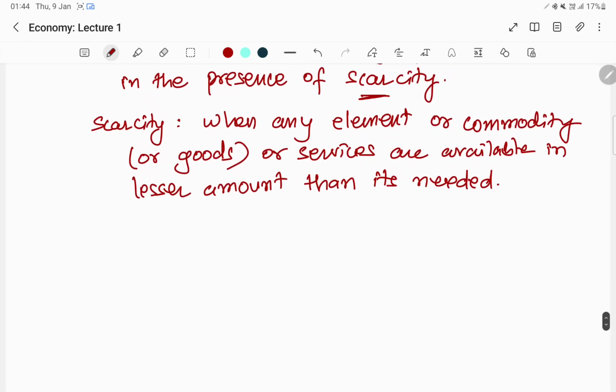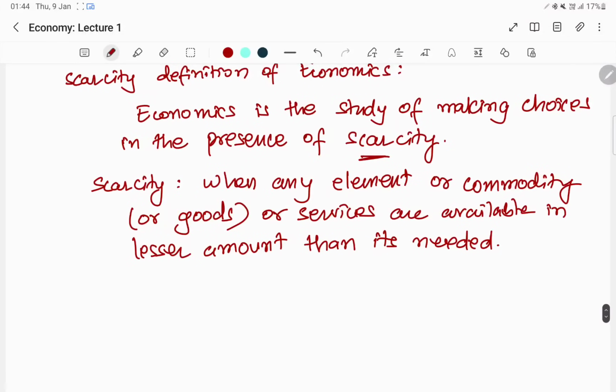For example, you need 2 BMWs with you, but you cannot have them because of scarcity of resources, right? So when something is available in less quantity than the desired amount, it is known as scarcity.